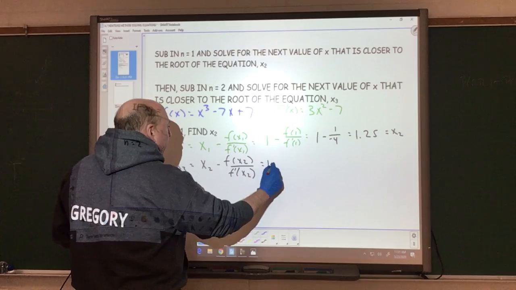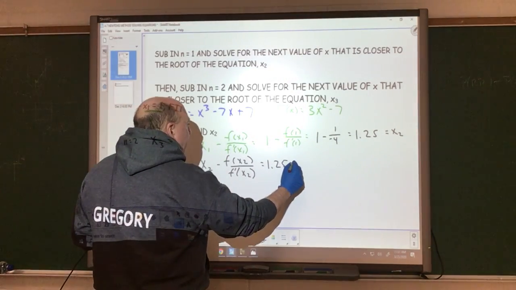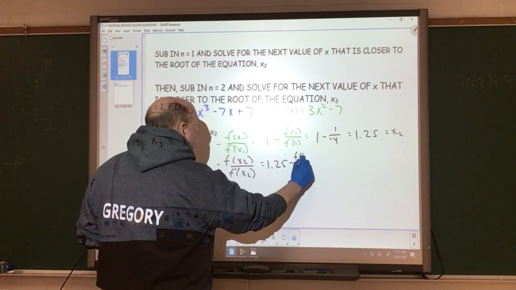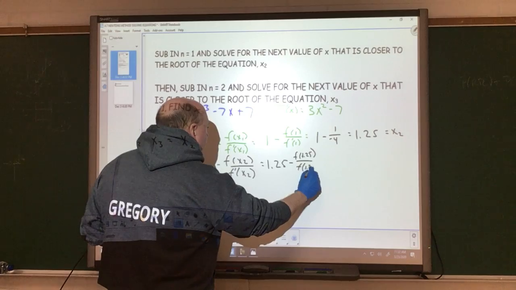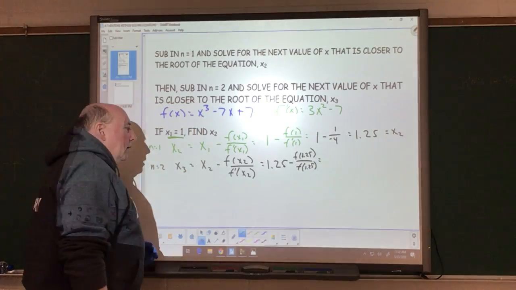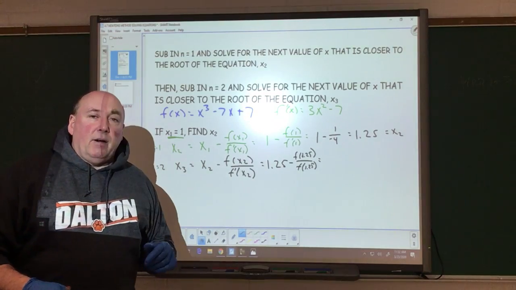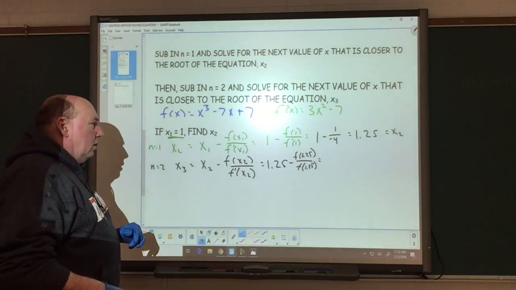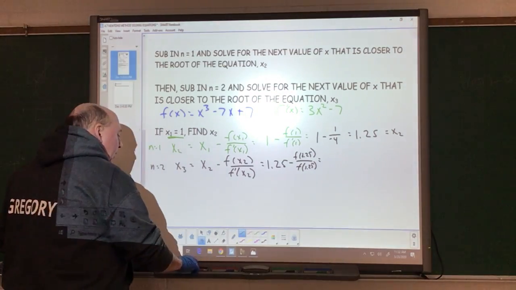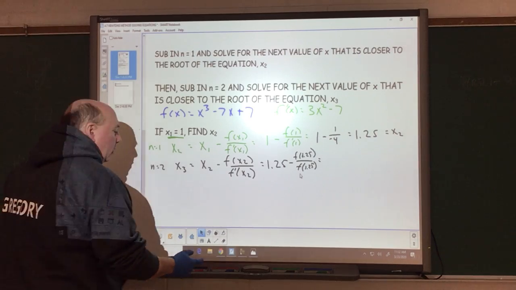So we have 1.25 minus our function value at 1.25 over our derivative at 1.25. Now it starts to become a little bit more taxing because I have to find two different values and it's not going to be as pretty as it was before. And we'll take a look at how we can make life a little bit easier for ourselves.